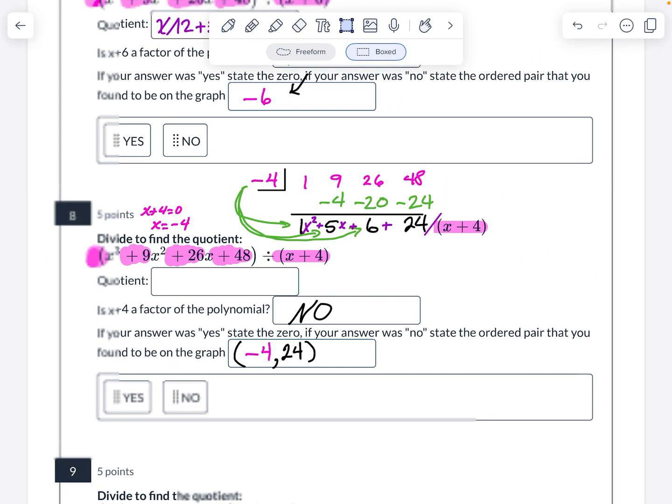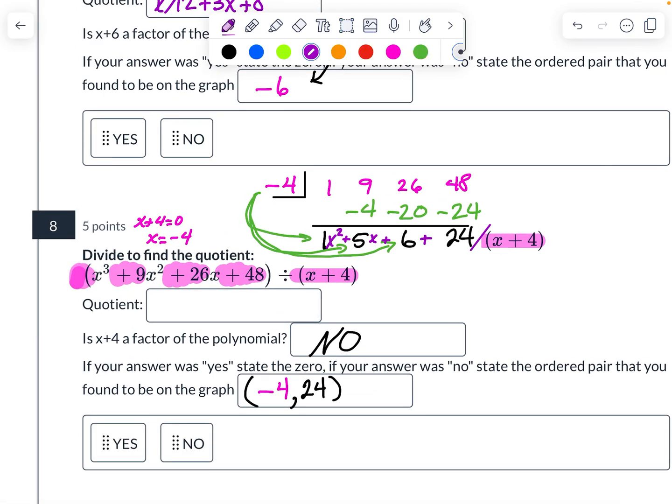And so that's how we're going to write our answer. We're going to say x raised to the power 2 plus 5x plus 6 plus 24 divided by parentheses x plus 4. That is it, my friends.